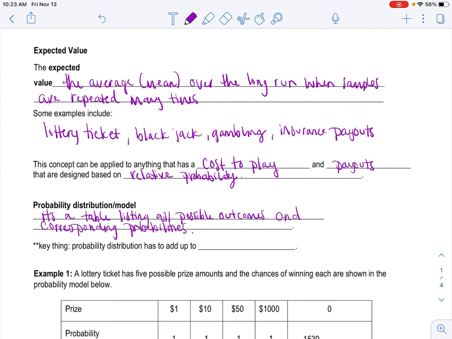I wish I gave us more space with these lines. Key thing is your probability distribution, or probability model, has to add up to 1.